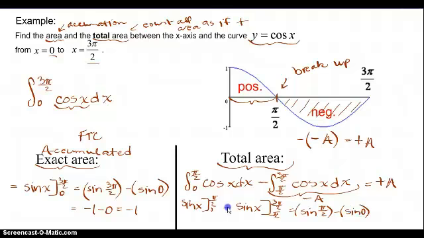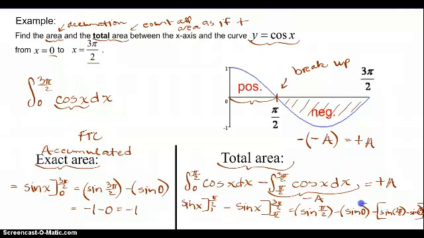We are subtracting from that, so we'll need to make sure we put a bracket there. The antiderivative at the upper limit minus the antiderivative at the lower limit. That's pi over 2. Hopefully you can see that.